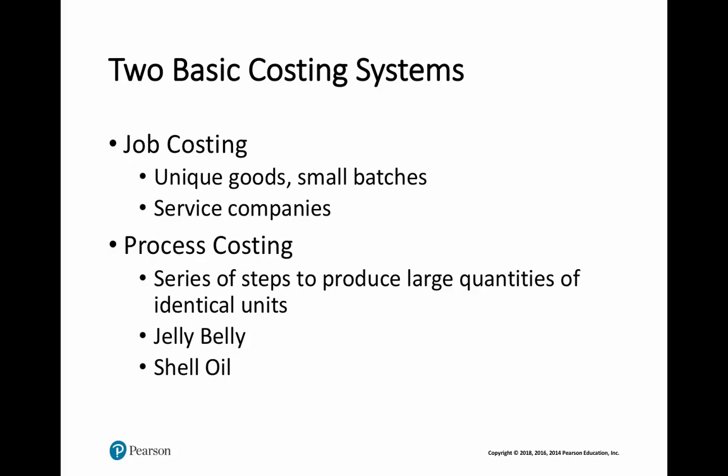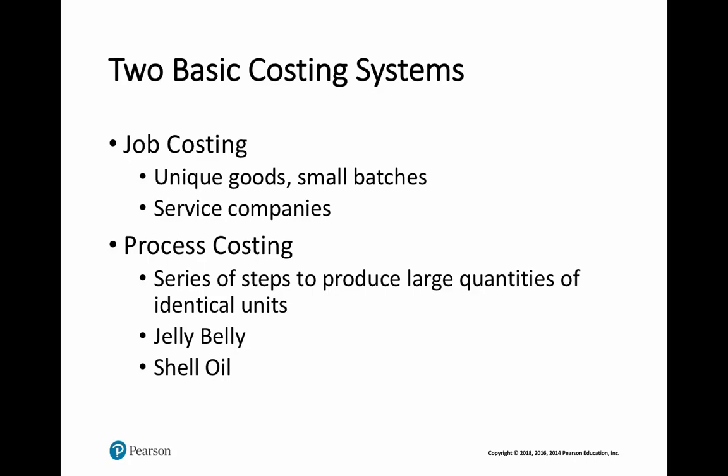In our book, if you're following along, Jelly Belly is the company that we follow through its steps. If we think about making jelly beans, we're not going to figure out this jelly bean cost us a nickel, this one cost us 2 cents, this one cost us 5 cents. It would be impossible to do that. They're all the same, so we're just going to do average costing.